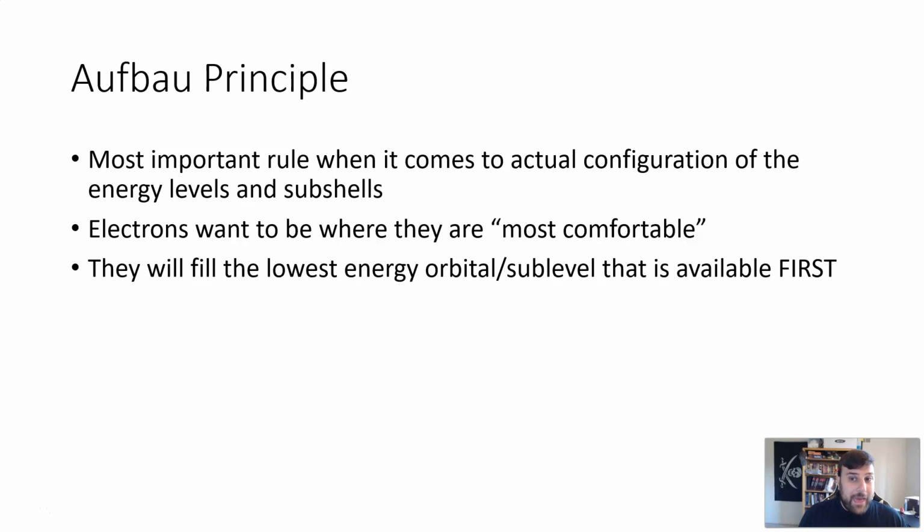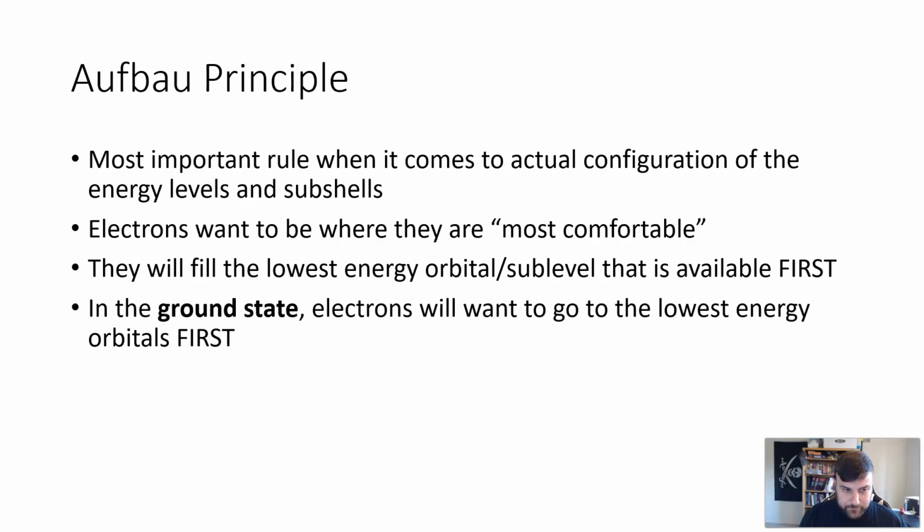But they would rather be paired with someone and be in a lower energy level than to be alone on a higher energy level. They want to be in that lowest energy level possible. And that's the main idea of Aufbau's principle: the lowest sublevels get filled first. I want to reemphasize that. The lowest sublevels will get filled first.